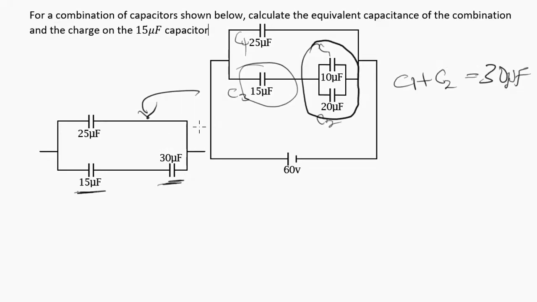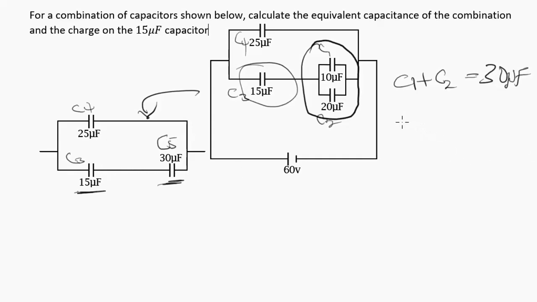Remember this is C3 and this is C4. Let's say this combination gives us C5. So with this I have C3 and C5, and they are in series.